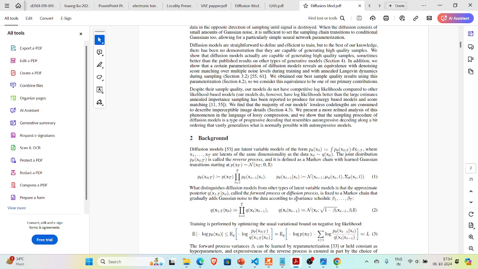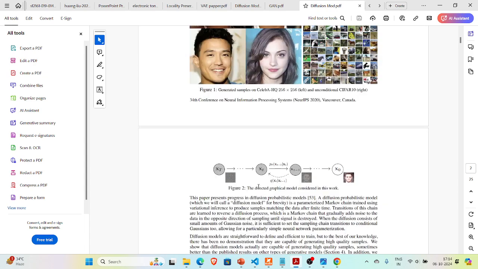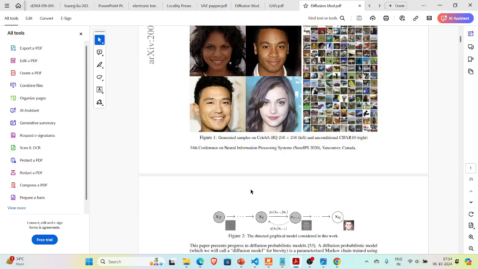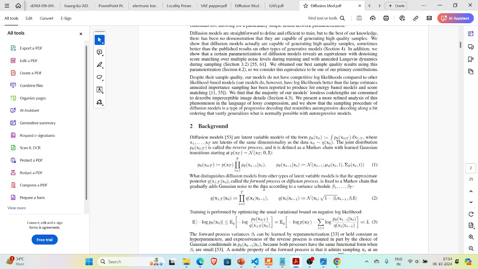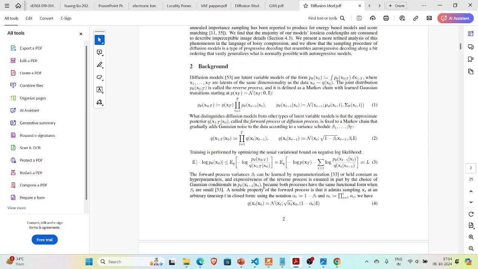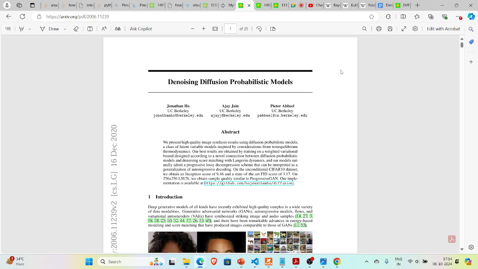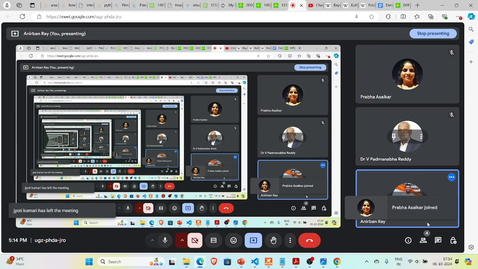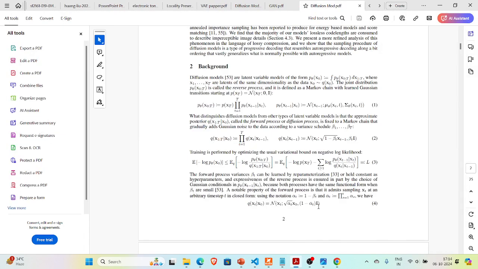The forward process gradually adds Gaussian noise to the image sample that we have here, and the backward process gradually removes the noise that we added in the forward process. That is the idea. So this is the background we have. Very important section. We have to read this one.